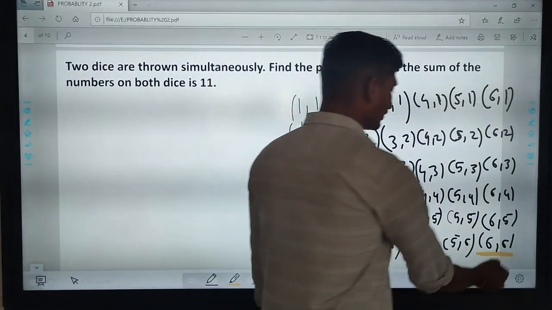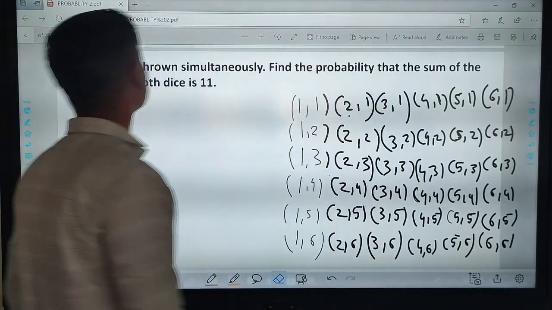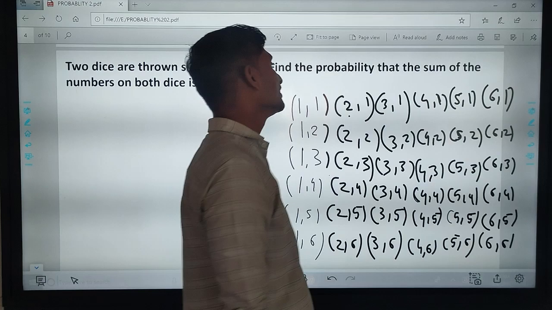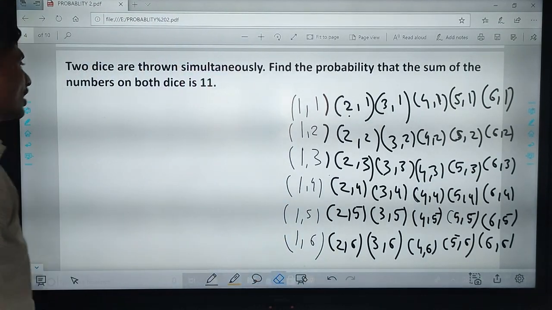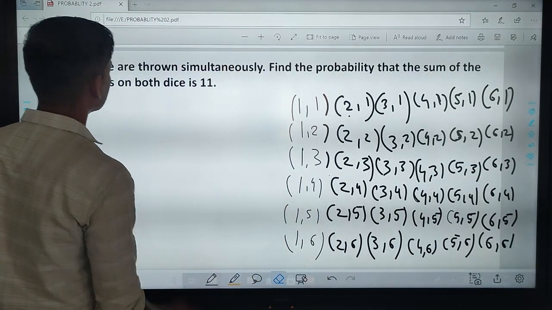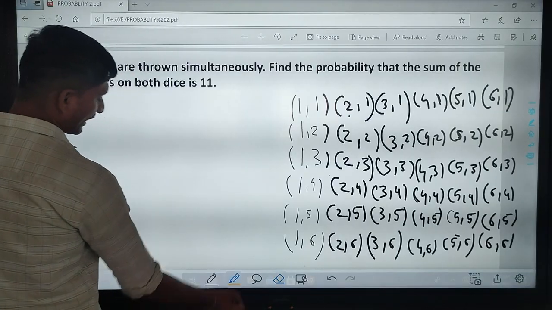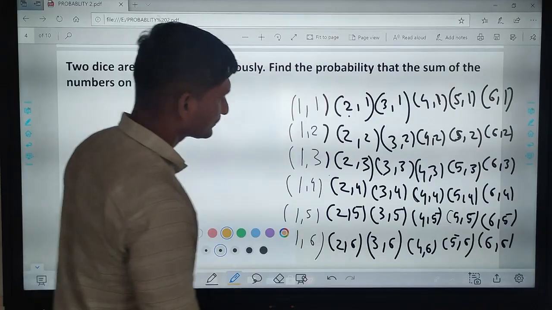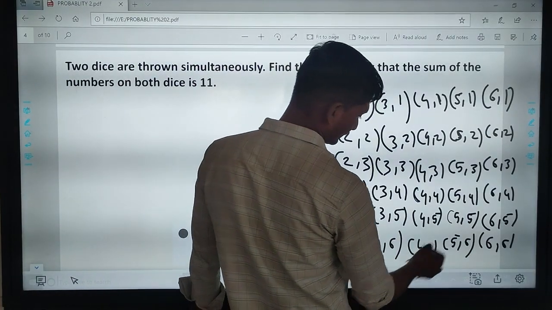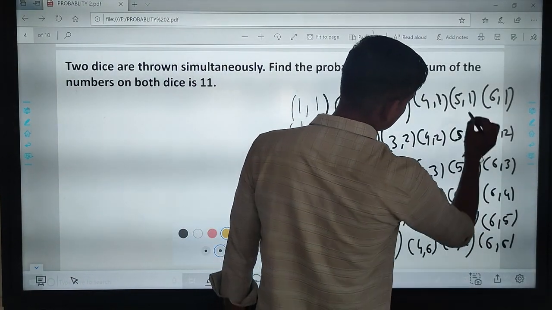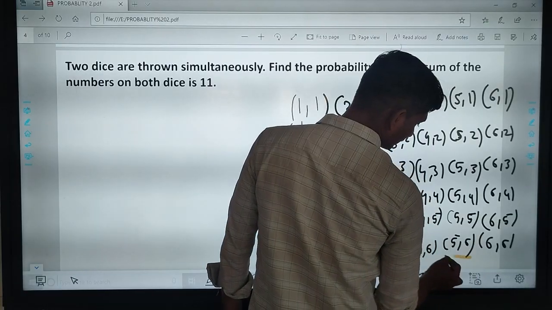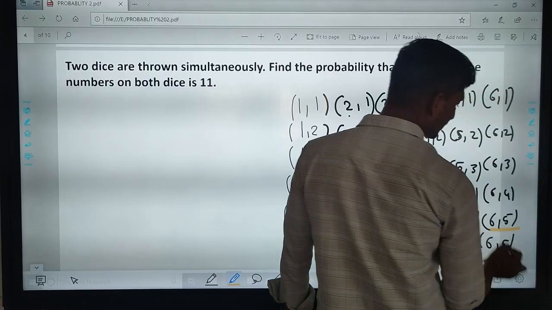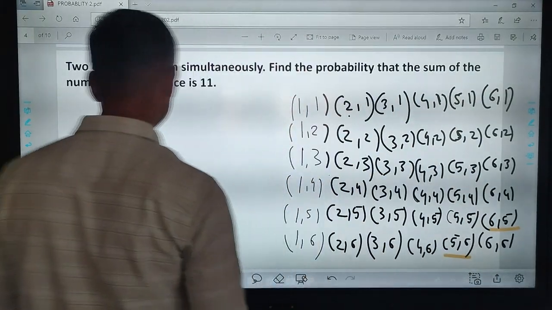Now here two dice are thrown simultaneously. Find the probability that the sum of the numbers on both dice is 11. We find the numbers whose sum is 11. 5 plus 6 is 11 and 6 plus 5 is 11. There are two samples.